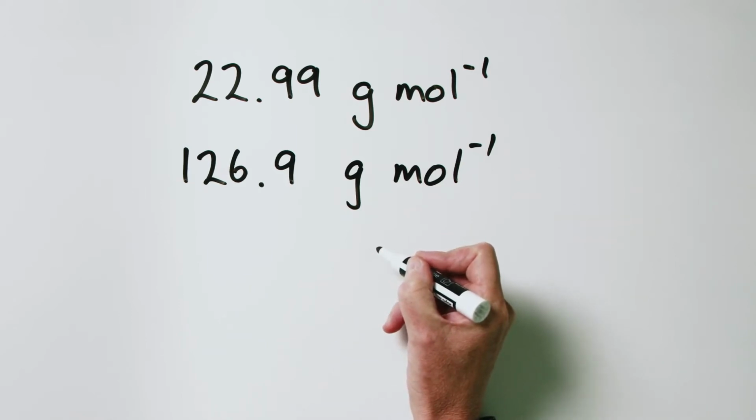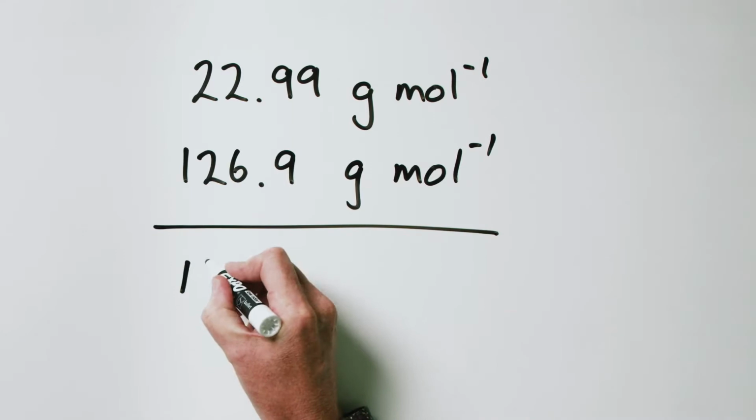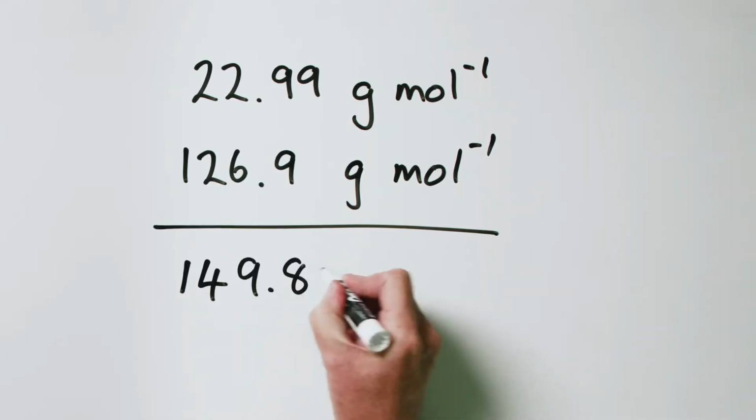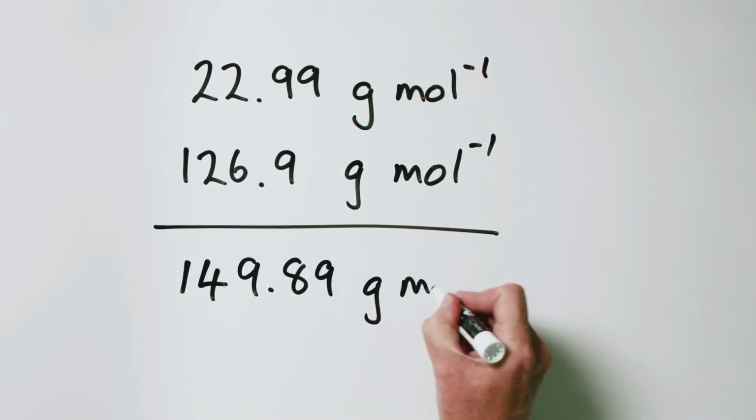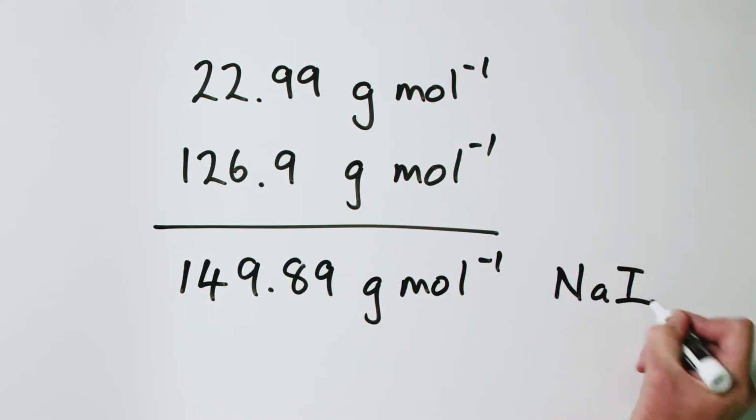And if we go ahead and add these up, we are then going to get a molar mass of 149.89 grams per mole. And that's the molar mass of sodium iodide. So we do the same for any compound at all. We simply go to the periodic table and we get our molar masses.